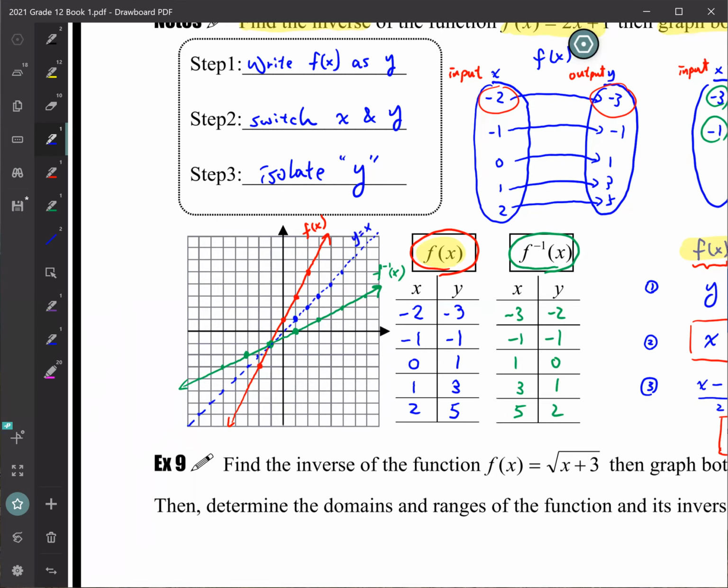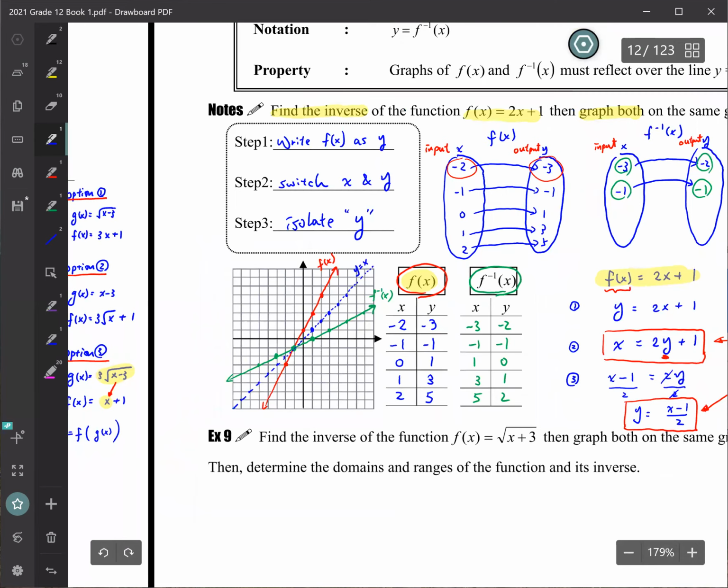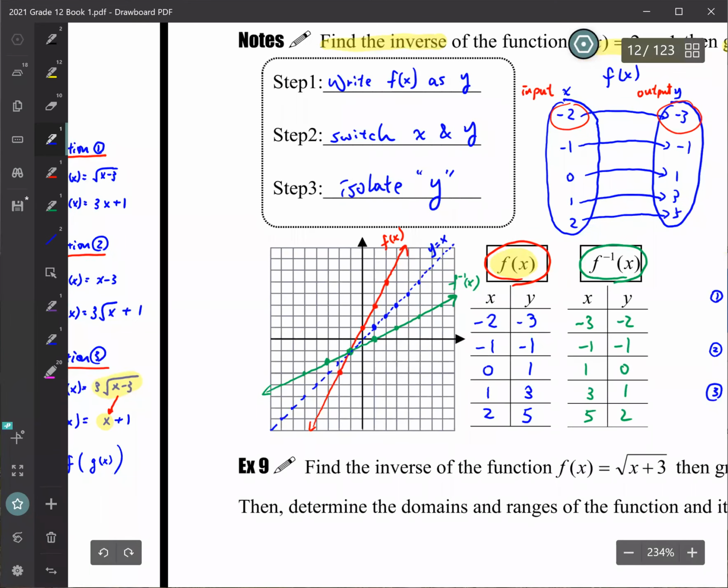If you remember the slope y-intercept form, y equals mx plus b, this one has a slope of 1 and b of 0. So we have a symmetry line, and the symmetry line is y equals x.